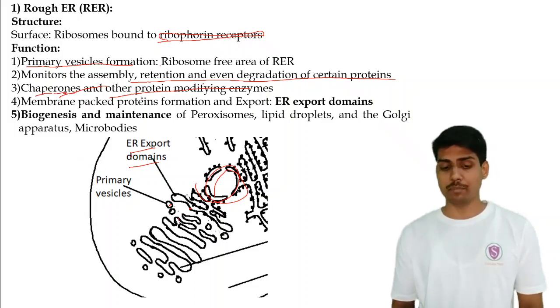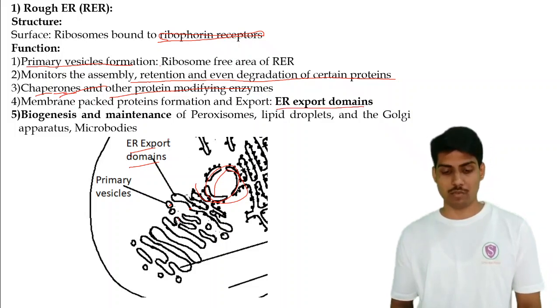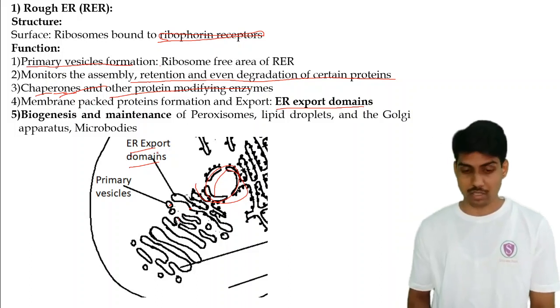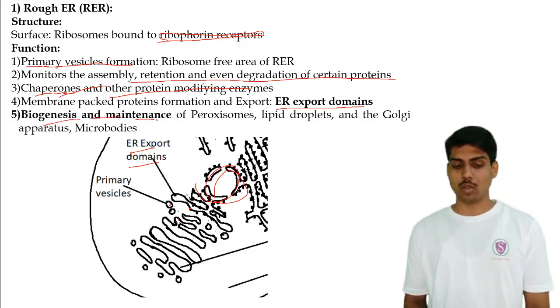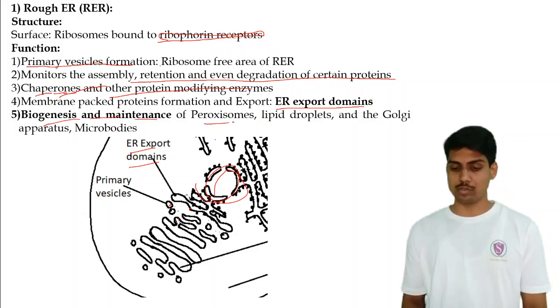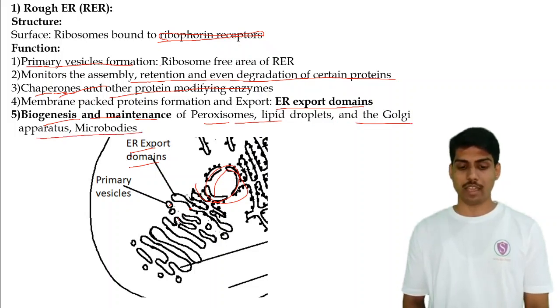Next is the formation and export of membrane-packed proteins, that is, the endoplasmic reticulum export domains, which I have already explained. Various membranes or vesicles are formed from this. What kind of vesicles are those? The biogenesis and maintenance of other vesicles like peroxisomes, lipid droplets, the Golgi apparatus, and microbodies.